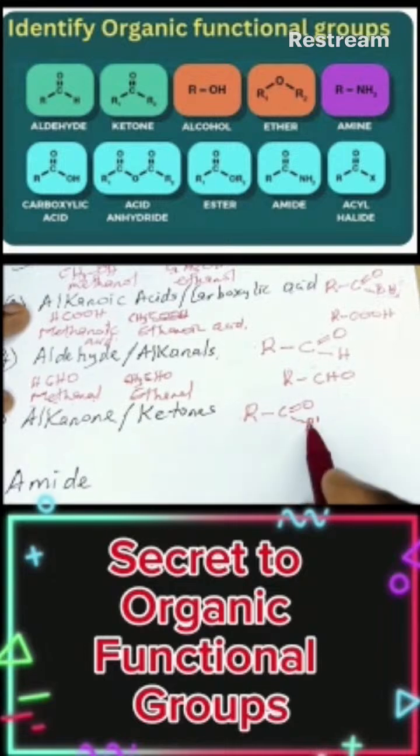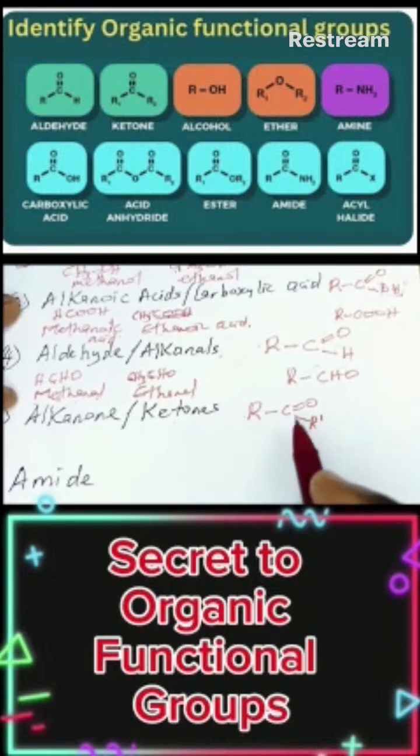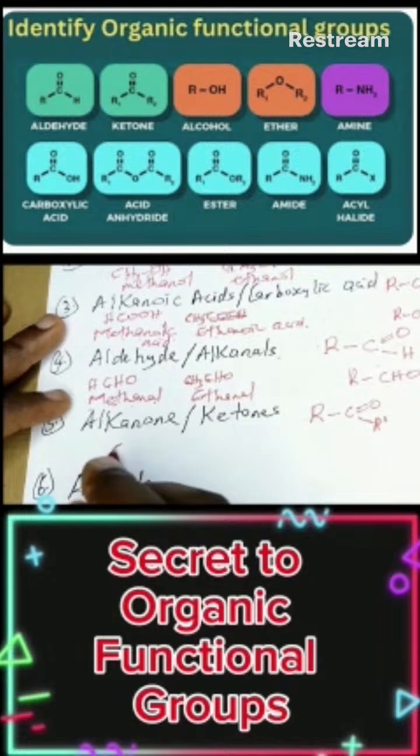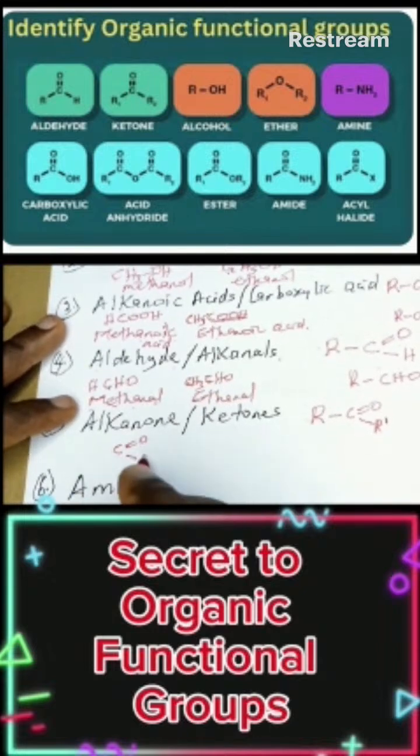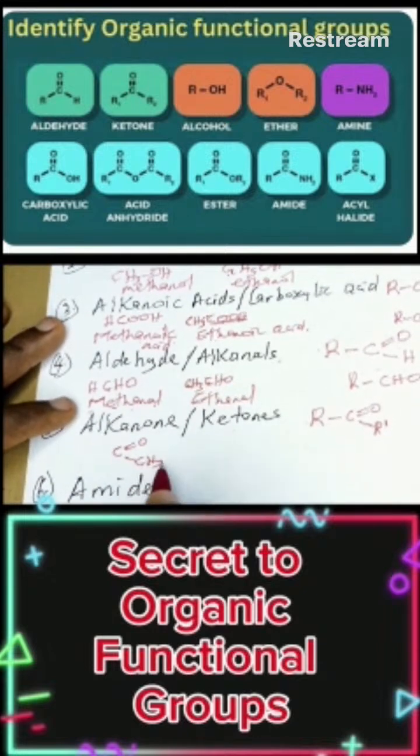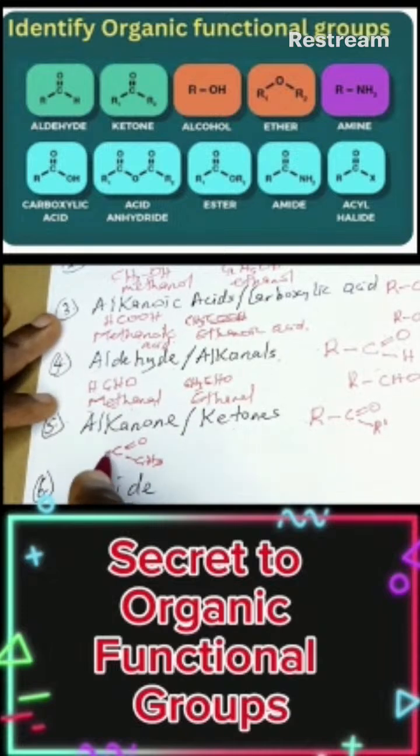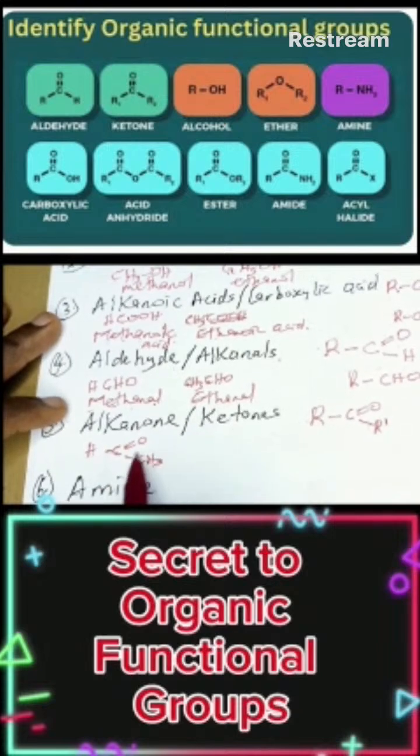How can you now name this? Let's give an example. If you have C double bond O and you have CH3 here, which is methyl, but here you have nothing but just hydrogen, because there is only one carbon. But this one is joined to it. It is a substituent, so the name will be different.